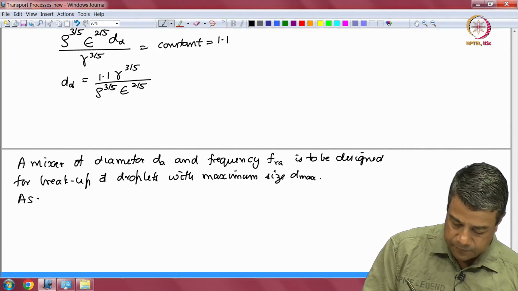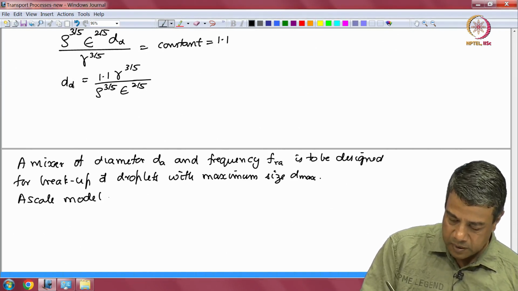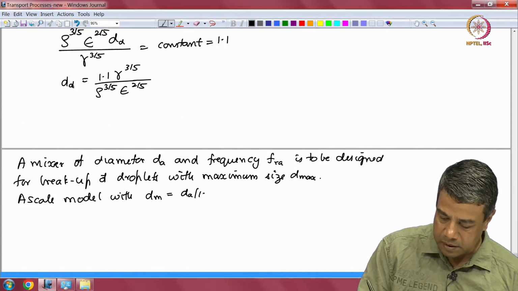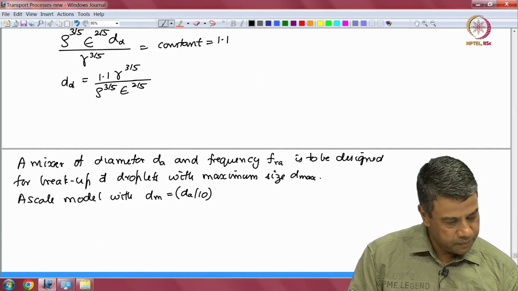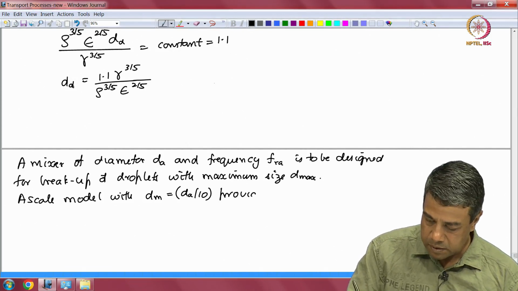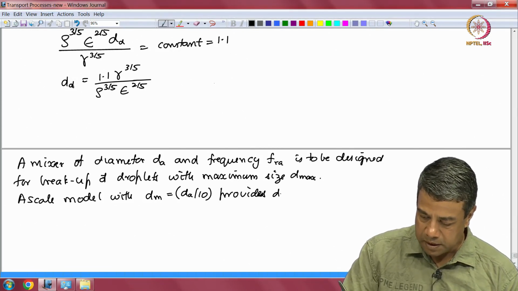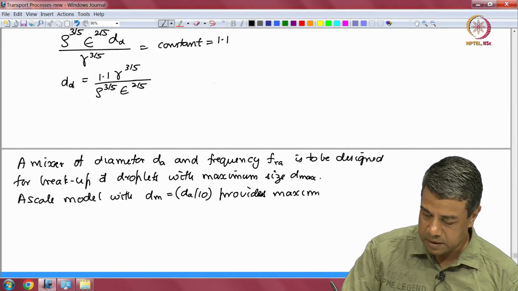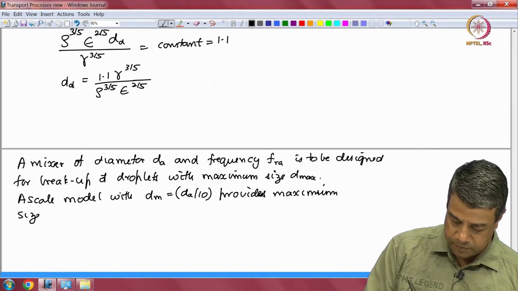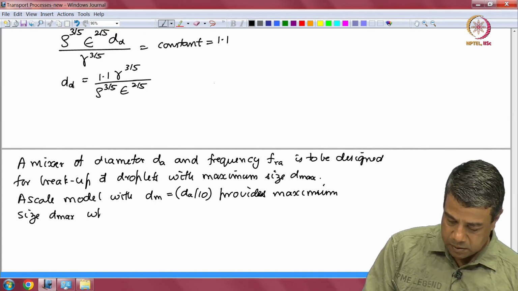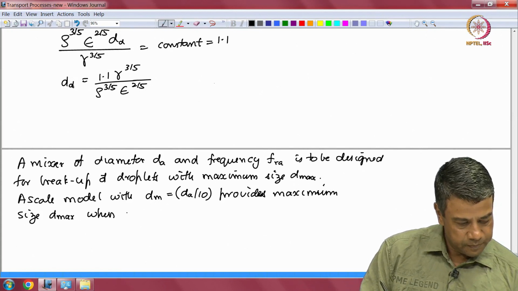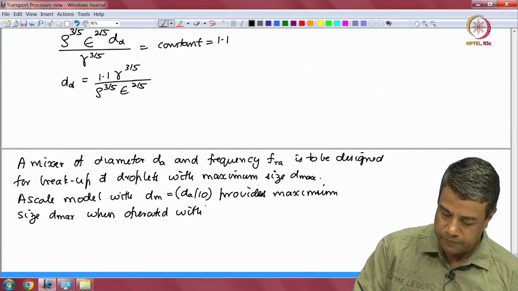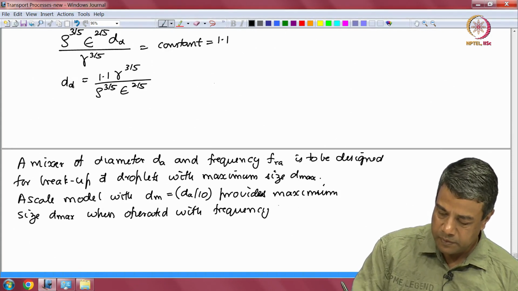A scale model with dm equal to dA by 10 provides droplet breakup with maximum size D max when operated with frequency FRM.